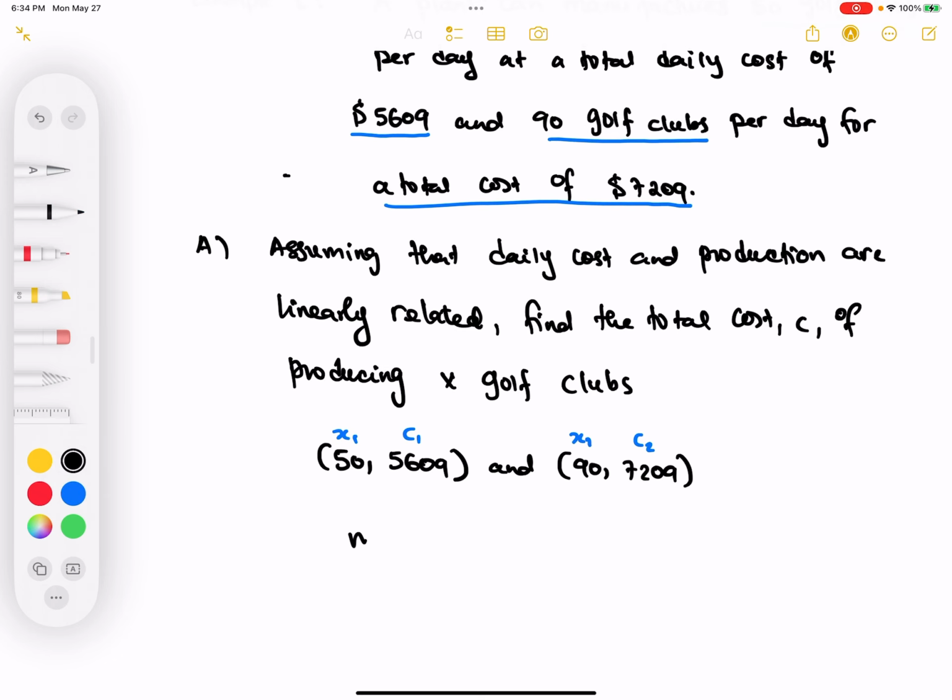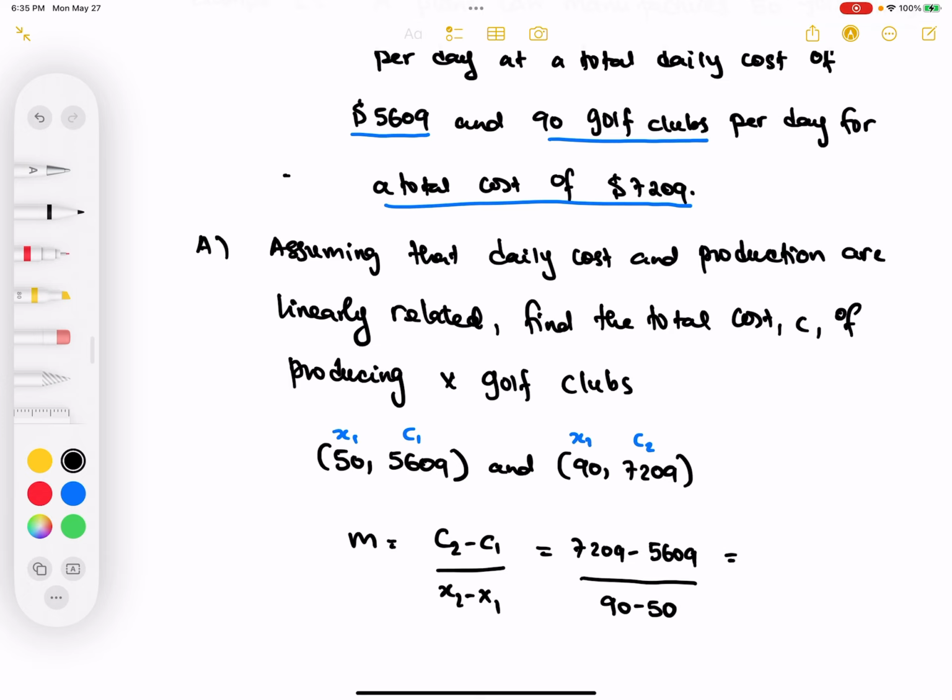Now let's calculate the slope. It is similar, except for changing the variable. So C2 minus C1 over X2 minus X1. That is 7,209 minus 5,609 divided by 90 minus 50, right?